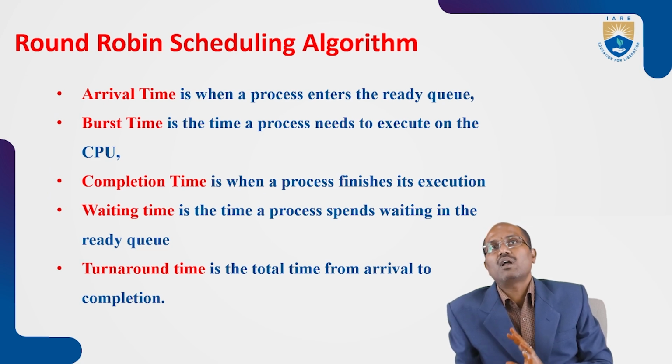But round robin scheduling has a separate feature. It is an efficient scheduling algorithm compared to all scheduling algorithms. We worked out this problem under time quantum 2 and time quantum 4. When time quantum increases, it reduces the waiting time, as we saw in this example.